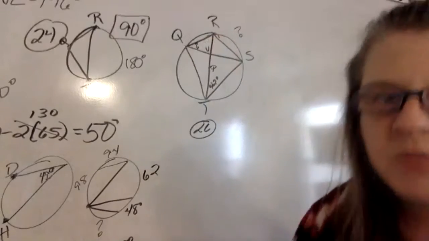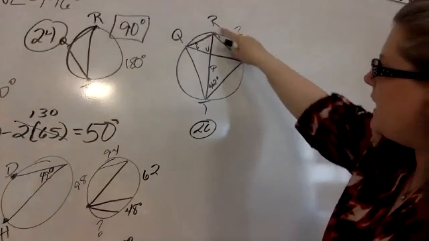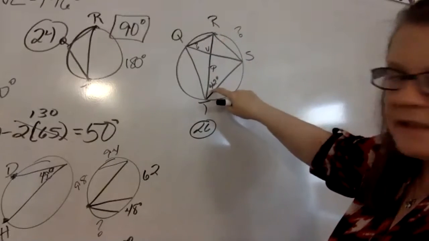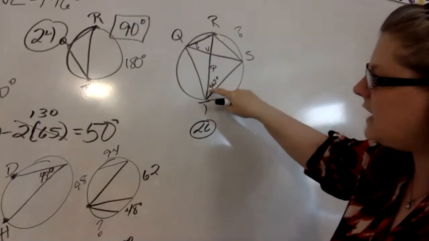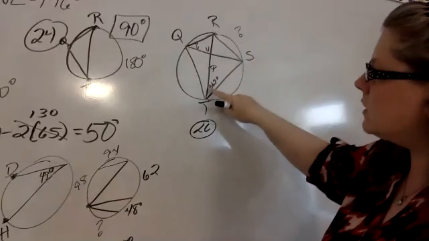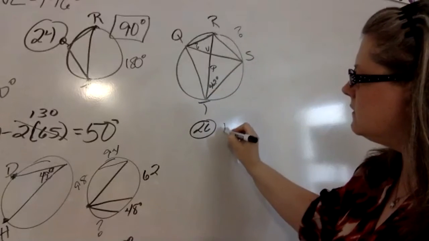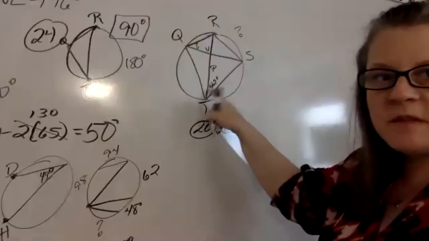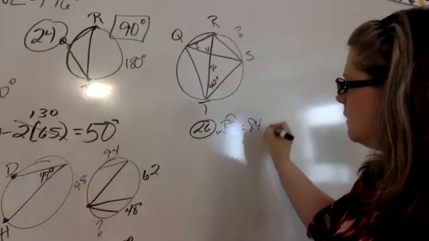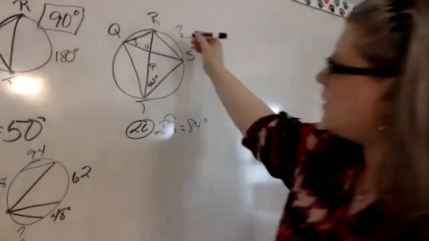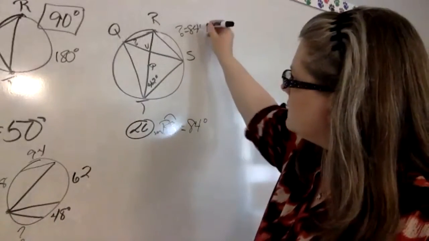My arc is this arc up here intercepted by this inscribed angle. So I take the angle and multiply it by 2 to get the measure of arc. So RS is going to be equal to 2 times 42, or 84 degrees. Okay, so this arc is 84 degrees.